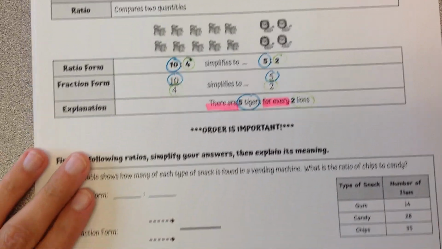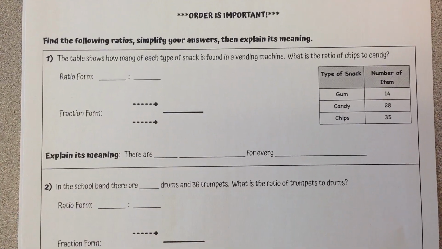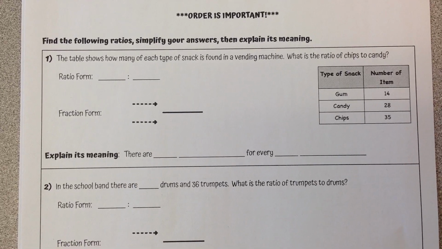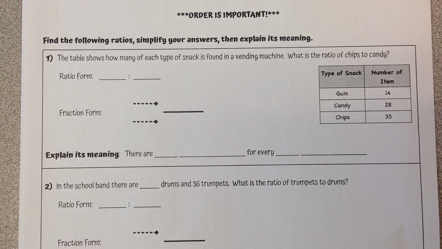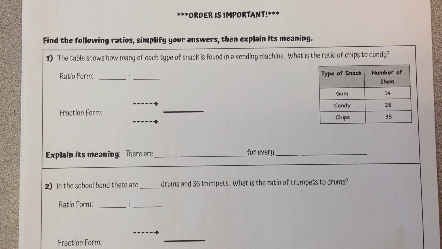So let's look at some examples. When we're doing this, remember that order is important. We really have got to pay close attention to what order they are looking for. The table shows how many of each type of snack is found in a vending machine. What is the ratio of chips to candy?